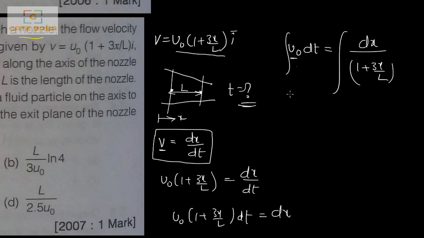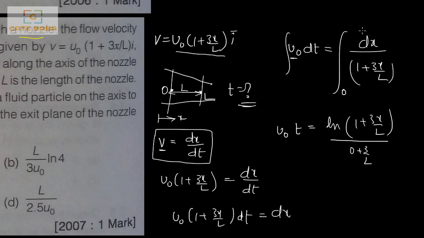Since u naught is a constant, u naught into time equals the integral of 1 by x, which is ln of x, so the logarithm of 1 plus 3x by L. For the inner term, you have to divide by its differentiation: for 1 it is 0, plus 3x by L means for x it is 1, so 3 by L. The limits are from 0 to L for x, and 0 to t for time. The lower limit gives 0, so just apply the upper limit L. So u naught t equals L by 3 ln of 1 plus 3L by L, and 3L by L means 3 only.